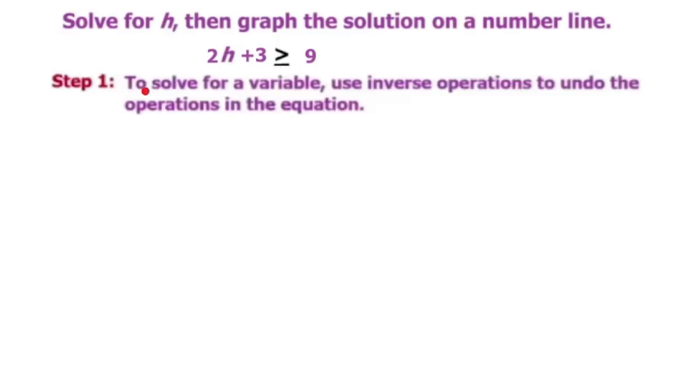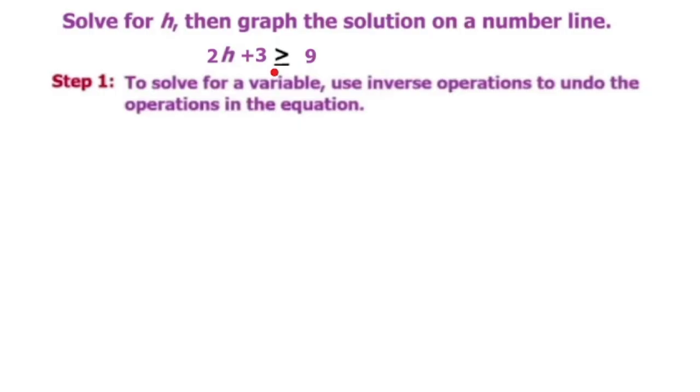So step 1, to solve for a variable, use inverse operations to undo the operations in the equation. So don't get so frustrated about this, okay? Just pretend it's an equal sign. Just ignore it for now. Just pretend that there's this side of the equation and this side of the equation, and we'll worry about this part at the end, okay?